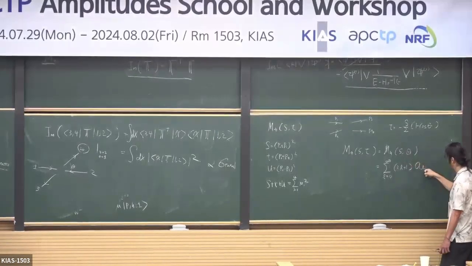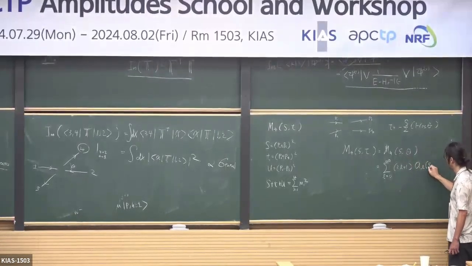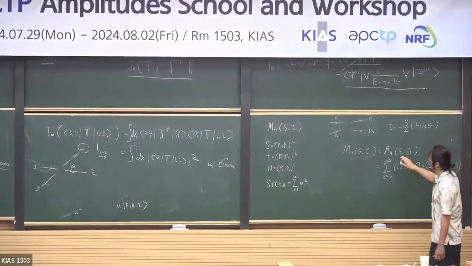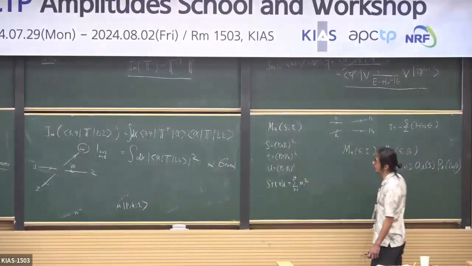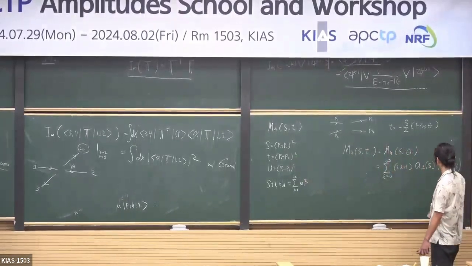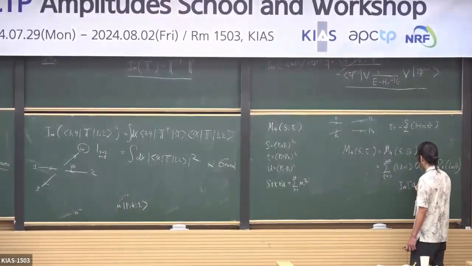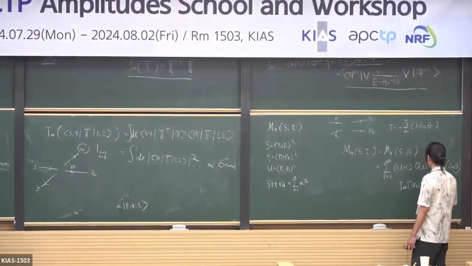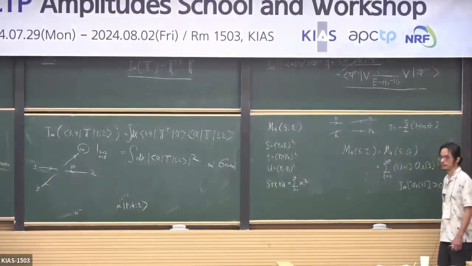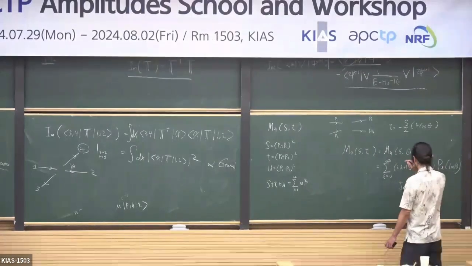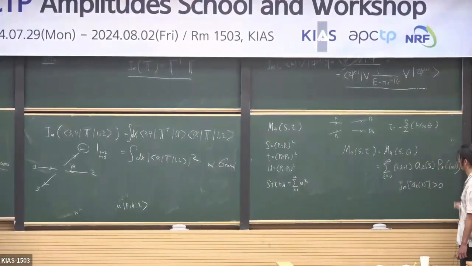The partial wave amplitude is a function of s, times P_L of cos theta. Since this comes from an S matrix, we again have the property that the imaginary part of a_L(s) has to be positive, just from the optical theorem discussion.